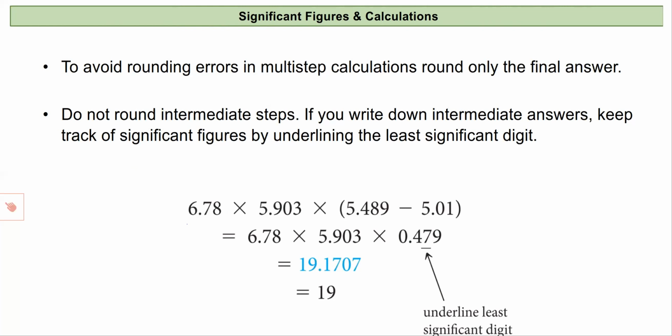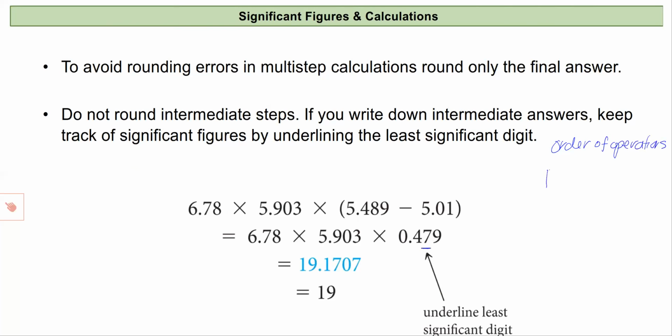And so we will need to perform the calculation and assess the significant figures at each step. Rather than rounding at each step, we will just place a line under our significant figures to keep track of them. And when we're performing calculations, we'll go through the order of operations for priority.